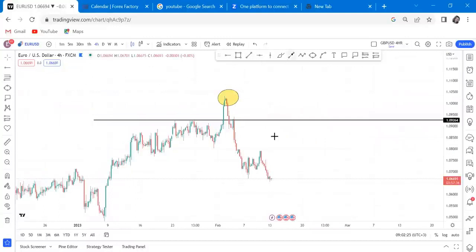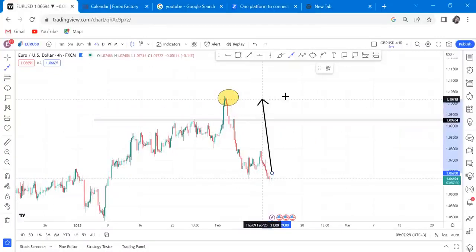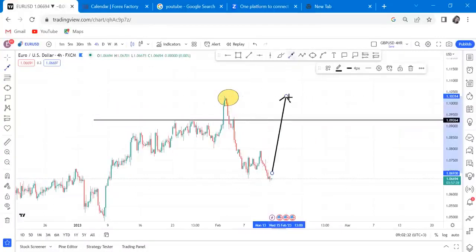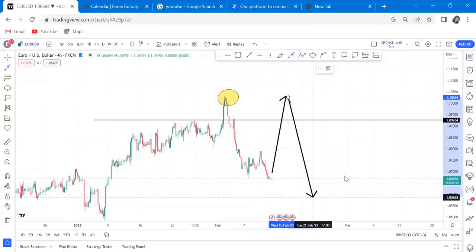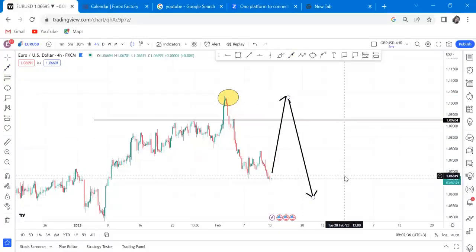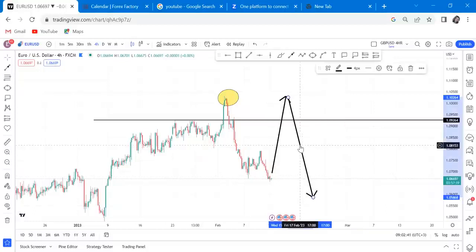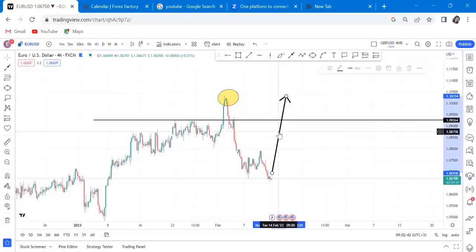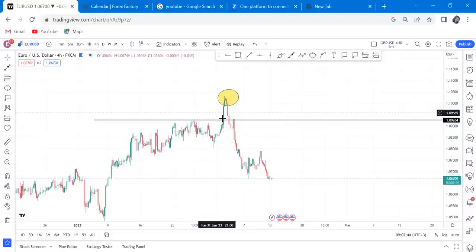Unless we see buyers coming in again to this area and they are not able to break, that's when you can see the sellers are taking control. But the first thing I'm pointing out is that we had a break of structure. Buyers are more willing. They have broken this, and they are more willing to take the market up.